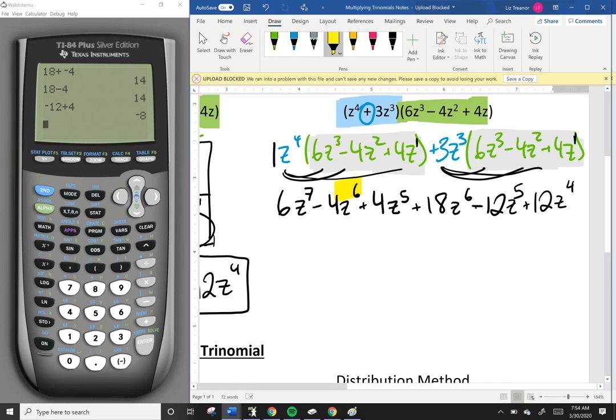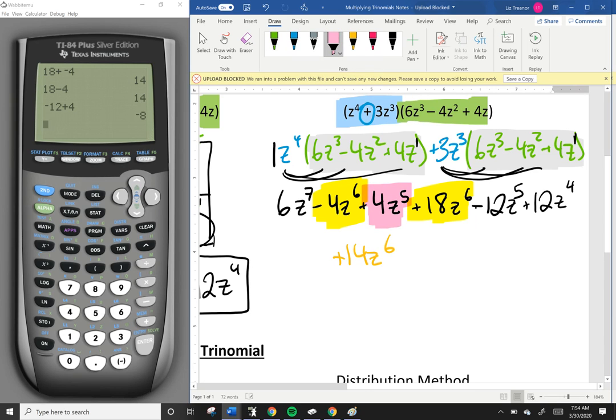And we're going to have to combine like terms like we did before. So we got -4z to the 6th and 18z to the 6th. Again, -4 plus 18, we're going to get +14.